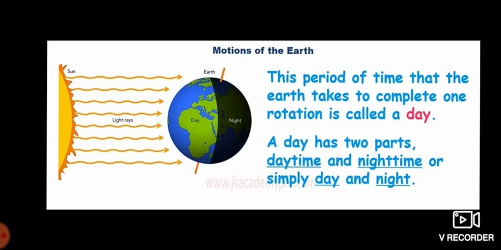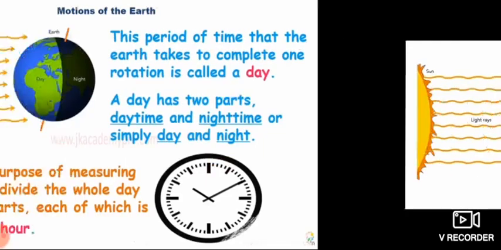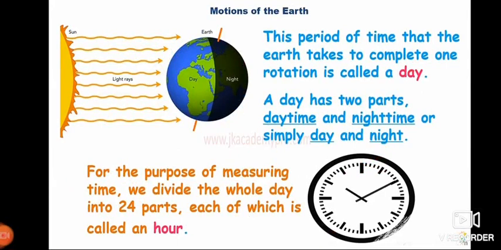Wherever you are seeing, it is day, that is the lighted part, and the dark part opposite to that is called night. Okay, and for the purpose of measuring time, we have divided the whole day into how many parts? 24 parts. Understood?